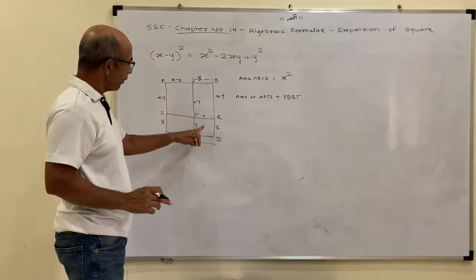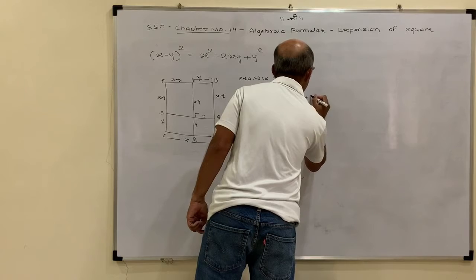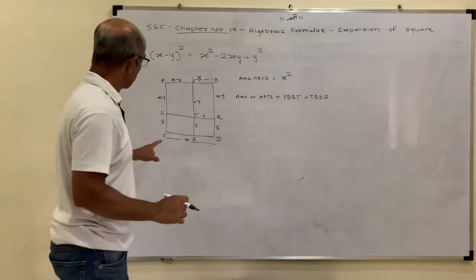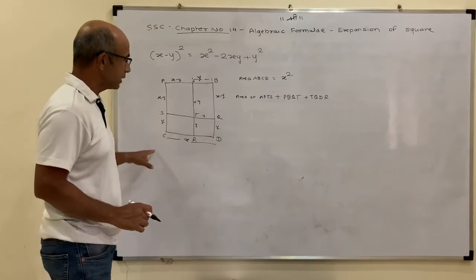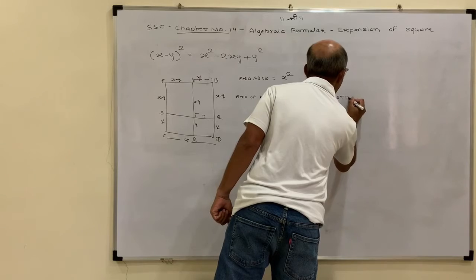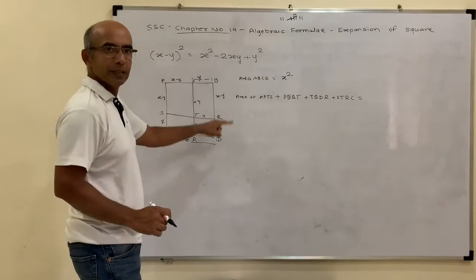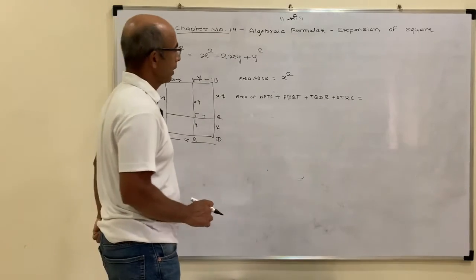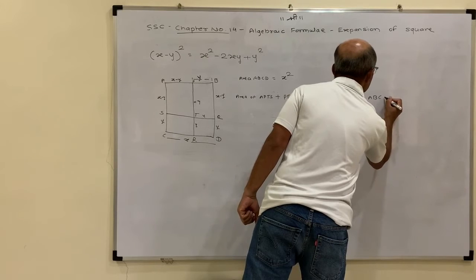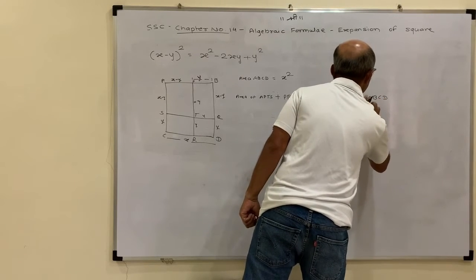Then area of TQDR, plus area of STRC equals what? Area of ABCD, the complete square. Let me write it out.